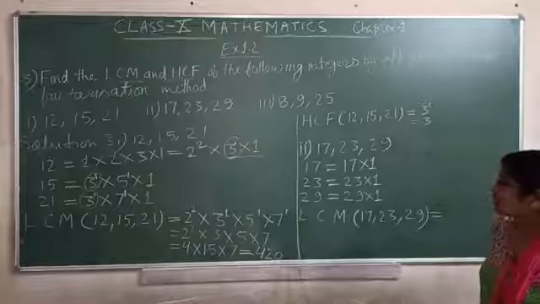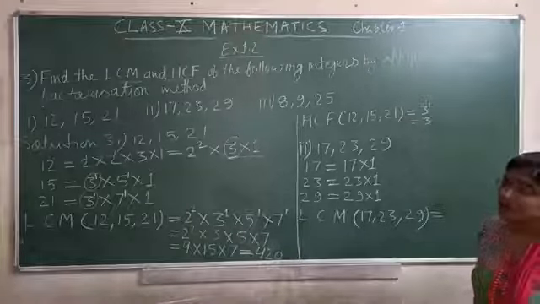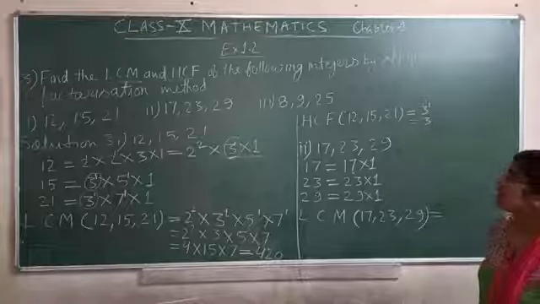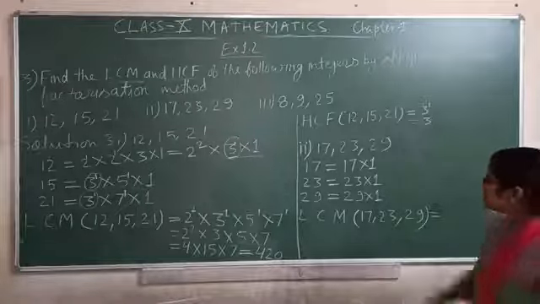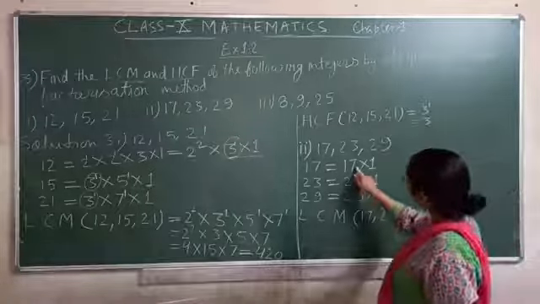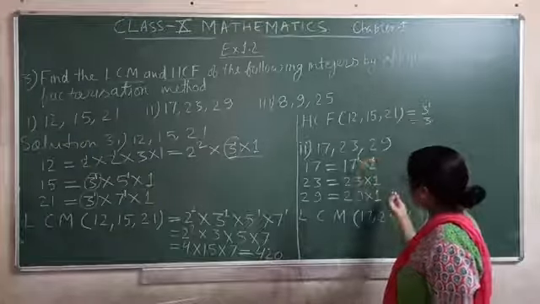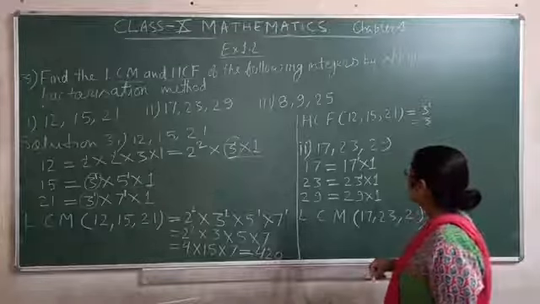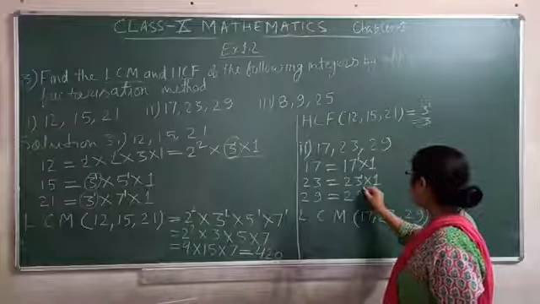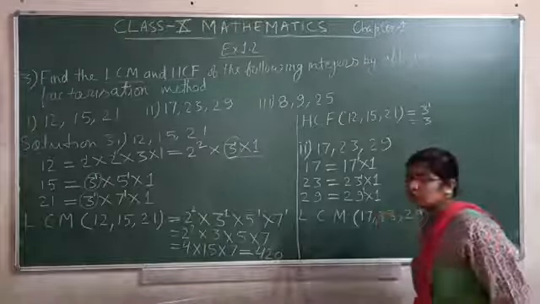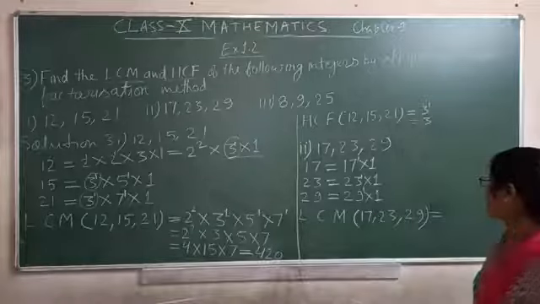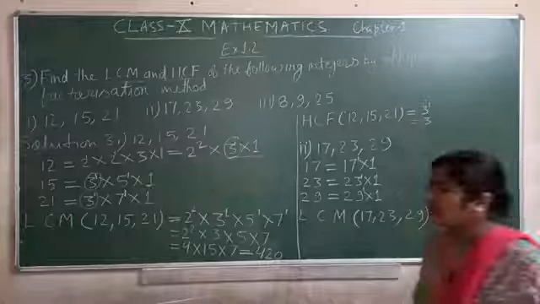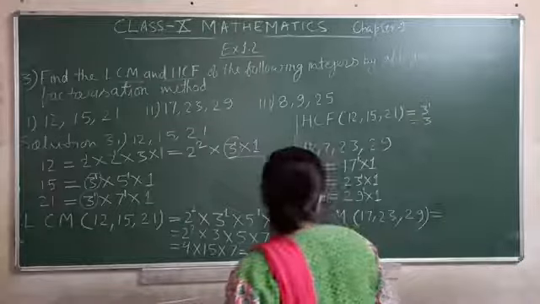Largest power of all the prime factors. You are looking 17 only one time here, so power is 1. 23 also only one time, so power is 1. And 29 also only one time, so power will be 1.